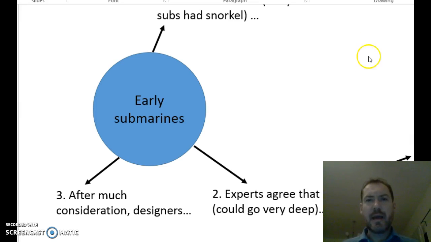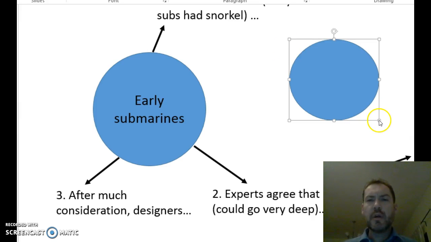Now, let's say we want to really, really extend our writing. And what we're going to do is we're going to make a link between the paragraph about early submarines and the one I'm about to write. Okay, so I was thinking we could have a paragraph all about comfort on board a submarine.